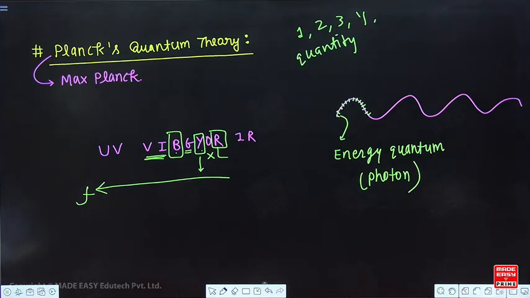Planck suggested that atoms and molecules could emit or absorb energy only in discrete quantities.